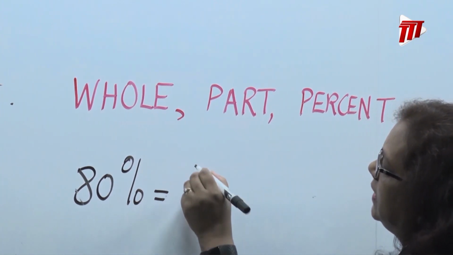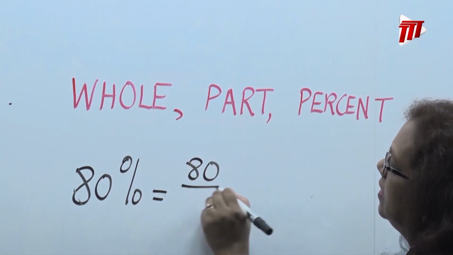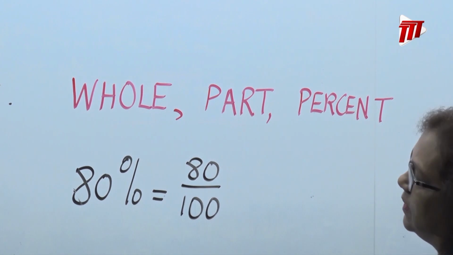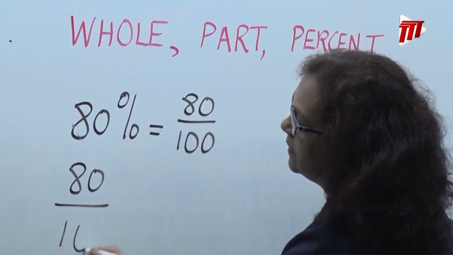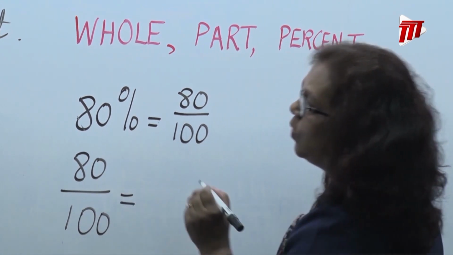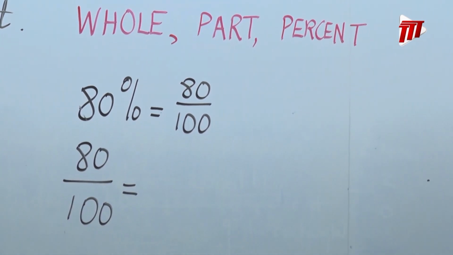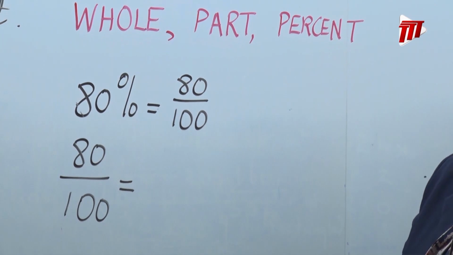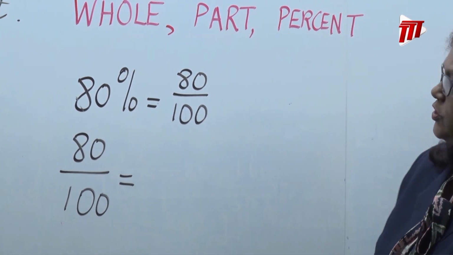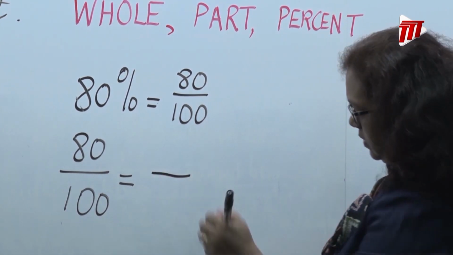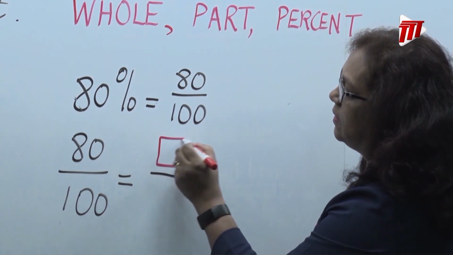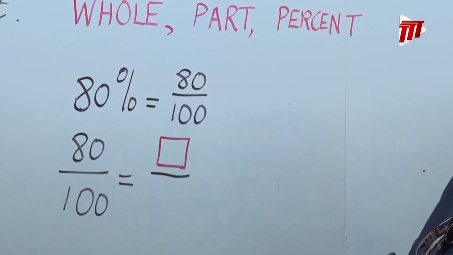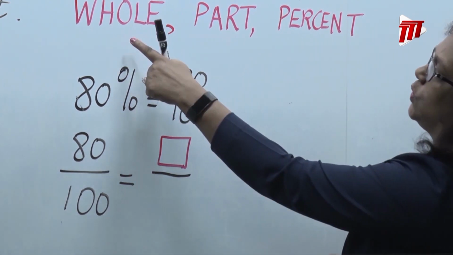So I'm going to write 80%, which is 80 over 100. So 80% is equal to some number, which is Amy's mark, which we don't know, and I'll represent that with a box, out of the total marks on the test, which is the whole.